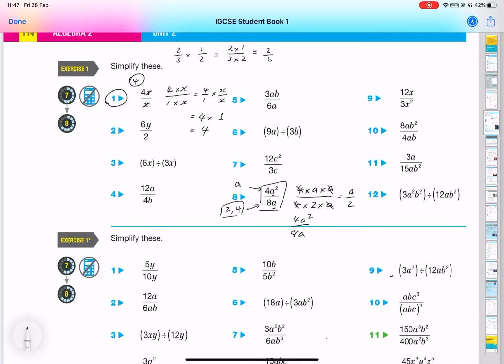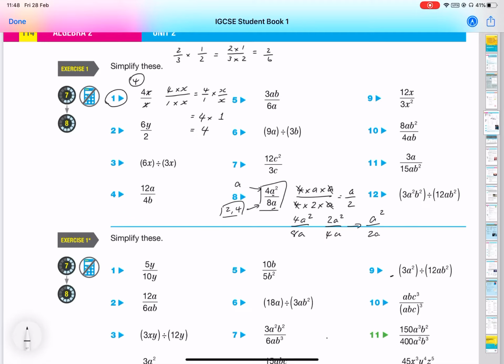So I'm going to divide the numerator and denominator by 2. Well, 4a squared becomes 2a squared. Nothing wrong with that. And 8a becomes 4a. But I can still see that there's another common factor, the common factor of 2. So I can now divide by 2, and I get a squared over 2a.